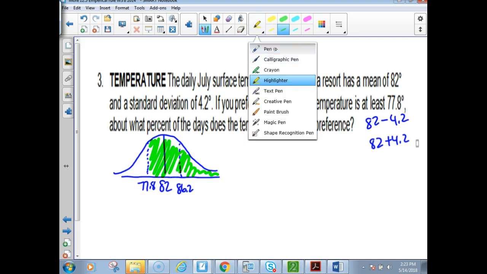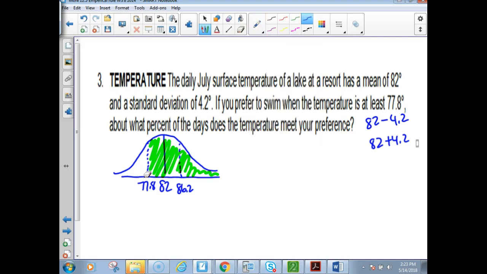This is one standard deviation of the mean to the left, which would be 34%, and how much is over here? 50%. So 84% of the days will be good for him. But it said if you prefer to swim and it's at least that, what percent? Oh, that's all they want. They didn't have any number of days or anything, so 84%.